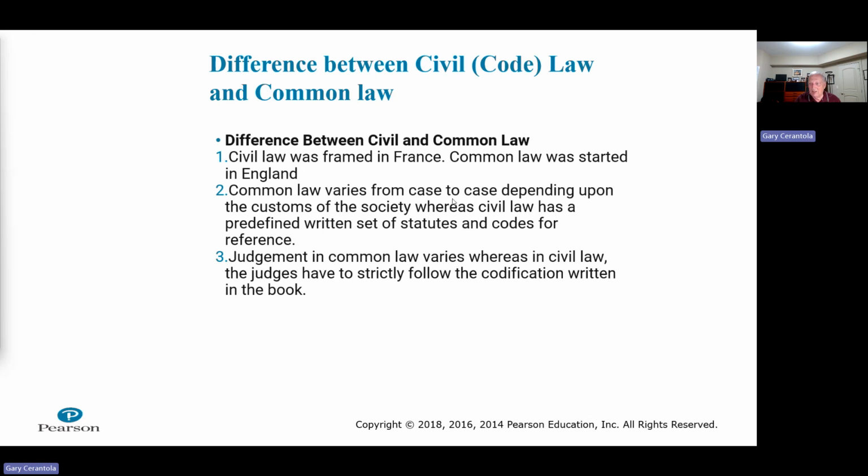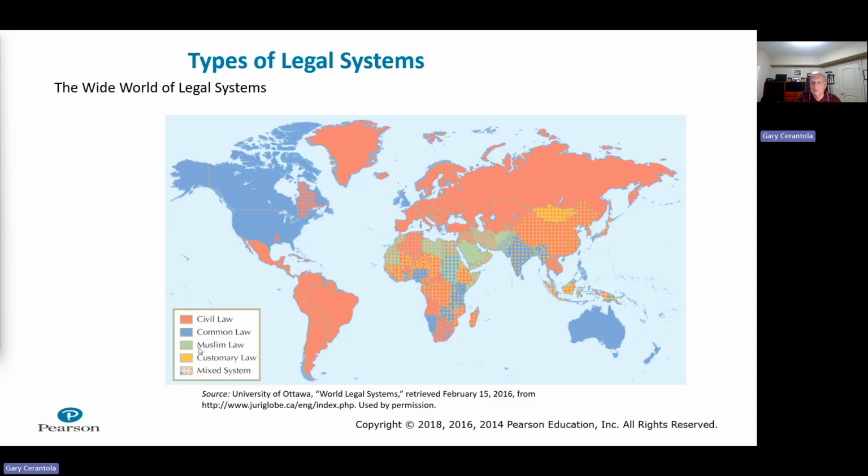Common law is really case dependent, and civil law is coded, so that you follow the instructions. So judgment in common law varies, whereas in civil law the judges have to strictly follow the codification written in the book. So you can see here where the different types of laws are, and that may be a big factor in deciding where you want to go internationally to be able to do things.